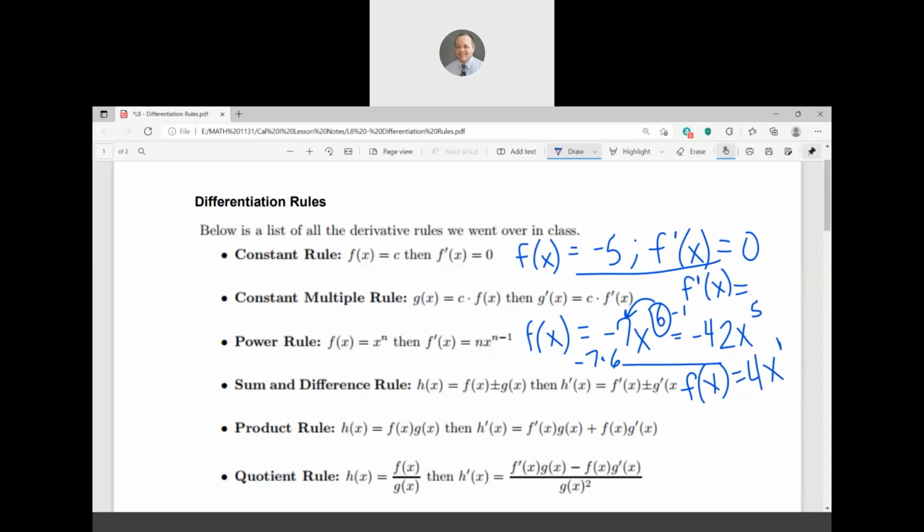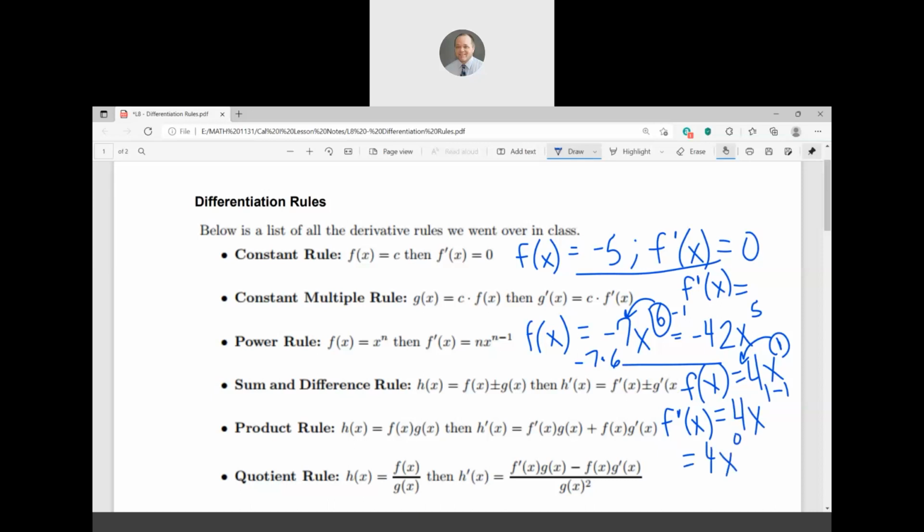So using the power rule, you move the original exponent to the front, multiply it by that 4, which is still 4, and you subtract 1 from the original exponent.